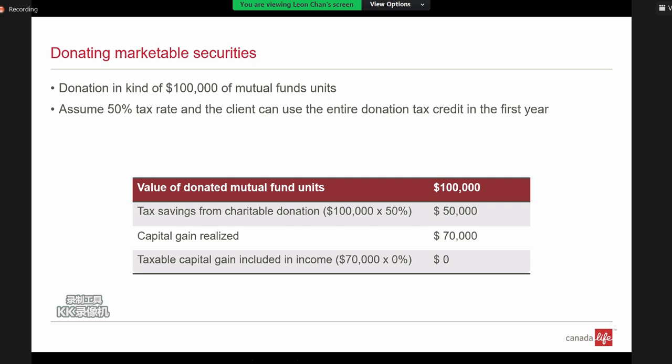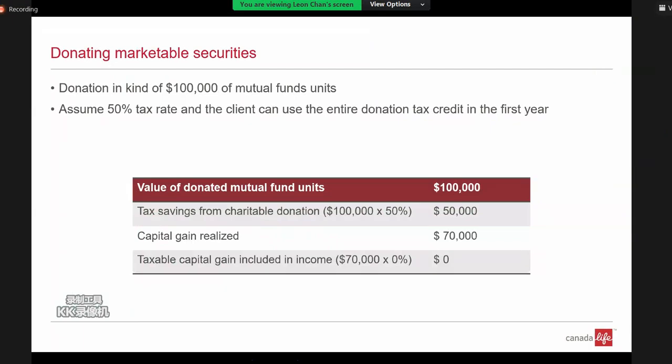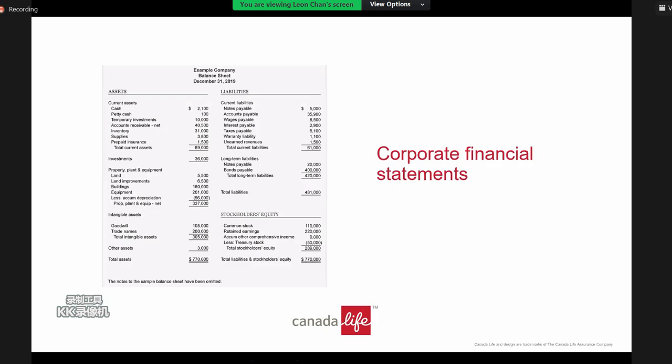The capital gain realized on a normal basis would be $70,000, and that's just taking 100,000 minus what I assume to be 30,000 in this adjusted cost base here. But when you're donating marketable securities, the capital gain included is actually zero, right? So there are various ways of understanding and planning what's the most appropriate method of accomplishing their charitable donation strategies with the assets they have on hand, right?